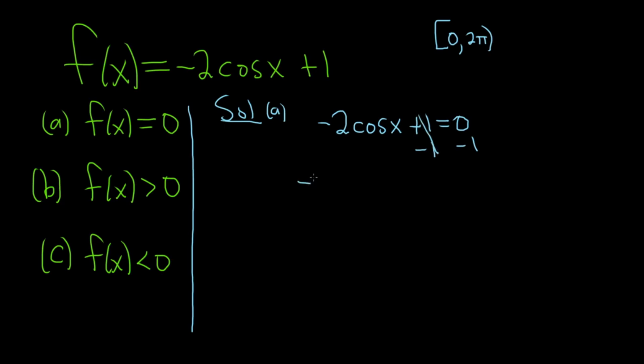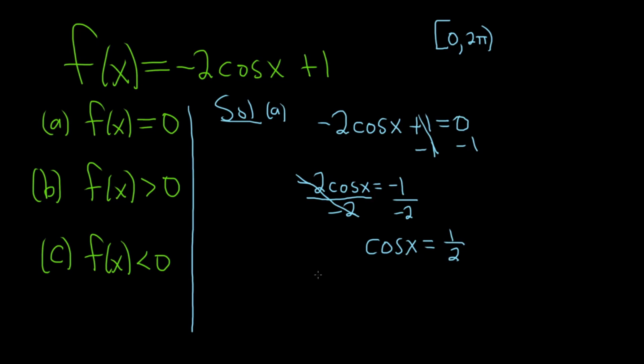So we have negative 2 cosine x equal to negative 1. Because the cosine function is being multiplied by negative 2, we can undo that by dividing by negative 2. So we have cosine of x equal to 1 over 2.